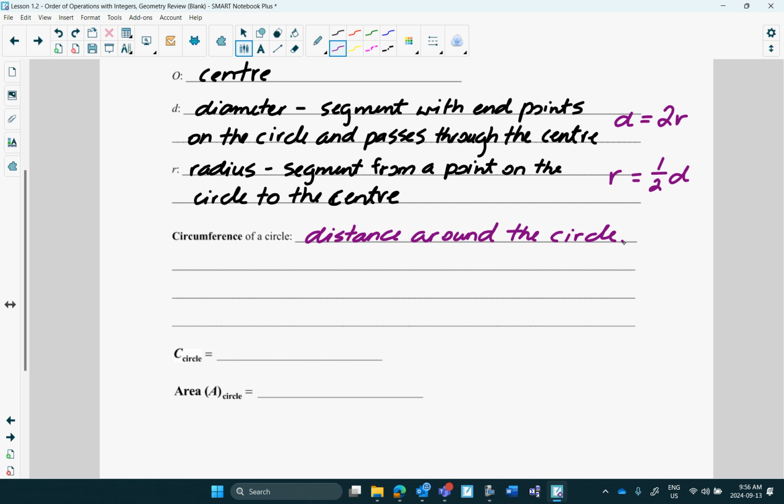And in any circle, if you measure its distance around, and if you divide it by its diameter, if you measure its diameter, you will always get a certain number.